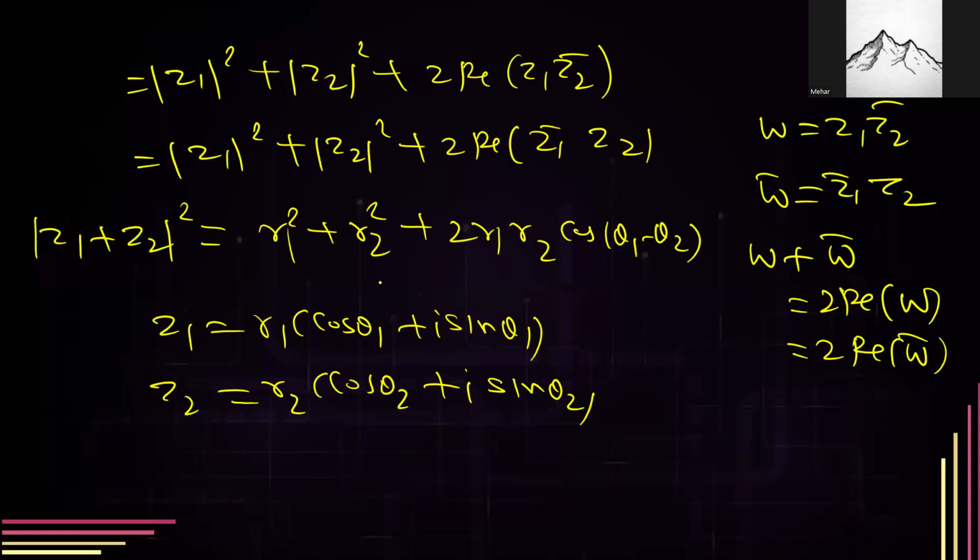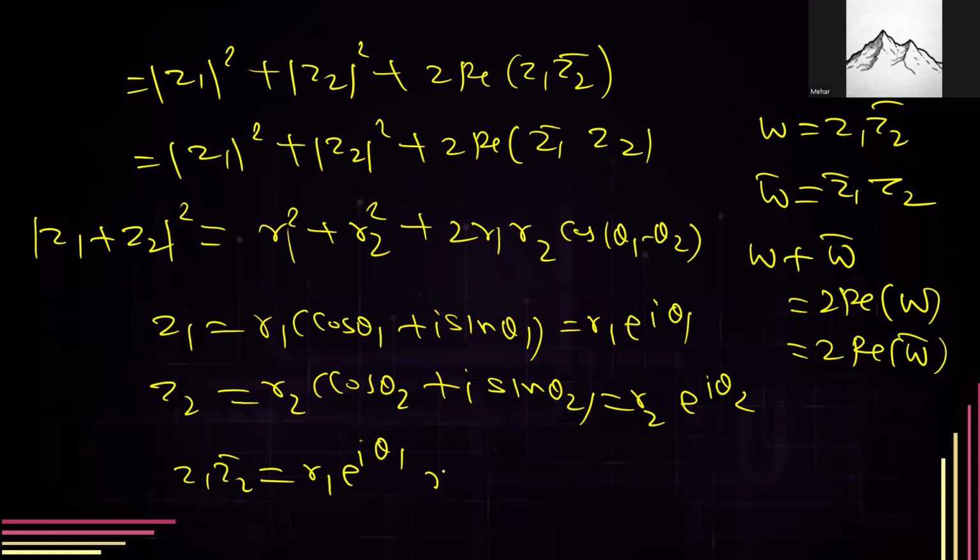And when you multiply Z1 bar with Z2 and look at it, that value will reduce to this notation. You just have to write the real part of that multiplication. What is this? r1 e power i theta 1 and this is r2 e power i theta 2. So when I multiply something like Z1 Z2 bar, r1 e power i theta 1 we write as it is. Z2 bar would be r2 times the conjugate, which would involve a minus sign here.